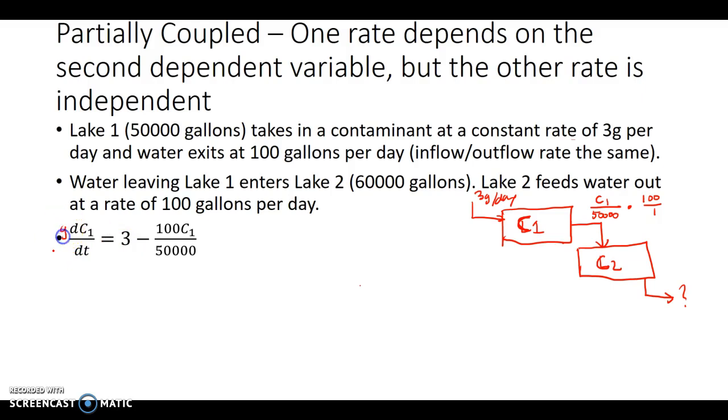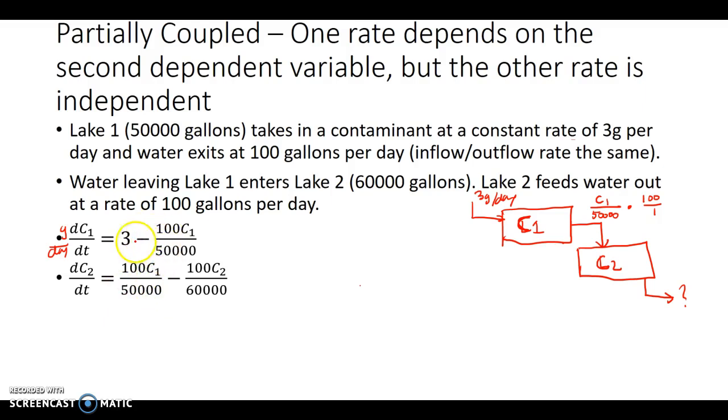And again, this rate is in grams per day, much like many of the problems we faced before, grams per day minus grams per day. But the inflow, what's coming into C2, it's nice here because what's coming in is exactly what's leaving. So the inflow term into C2, into Lake 2, is 100 C1 over 50,000.